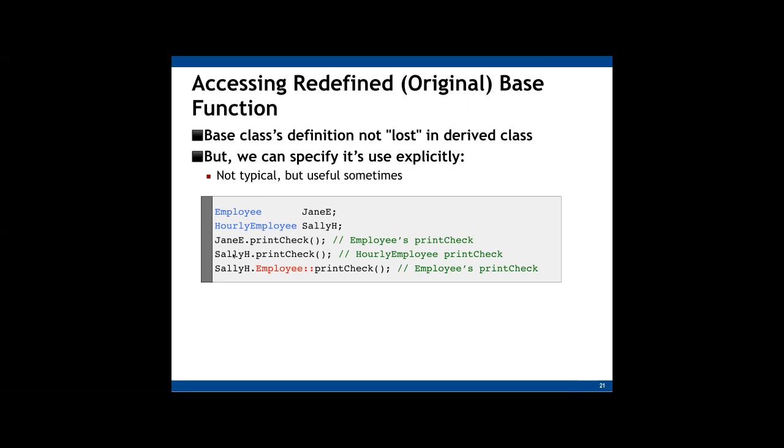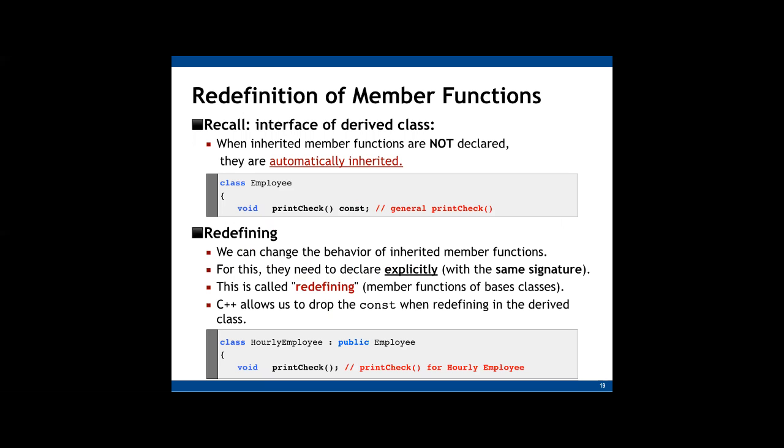The types of these objects are different. This one is an employee class, and this one is an hourly employee class. And recall that we redefined the print check member function in the hourly employee class. If you go back to the slides, you can see that the employee class and the hourly employee class both have a print check member function.